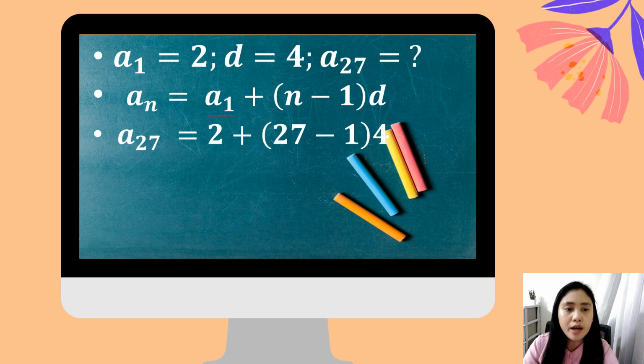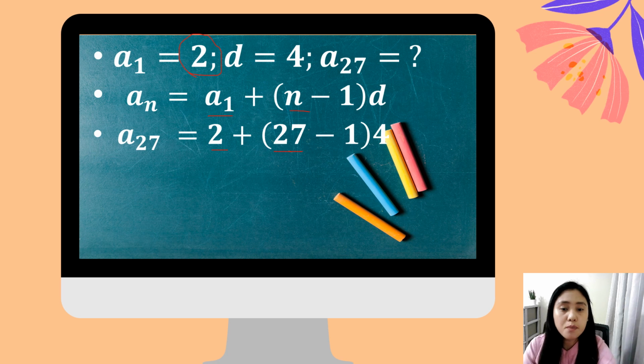Replace a sub 1 by its value, which is 2. Replace n by 27 since yun ang ating hinahanap, yung pang 27th term. And then replace d by its value, which is positive 4.